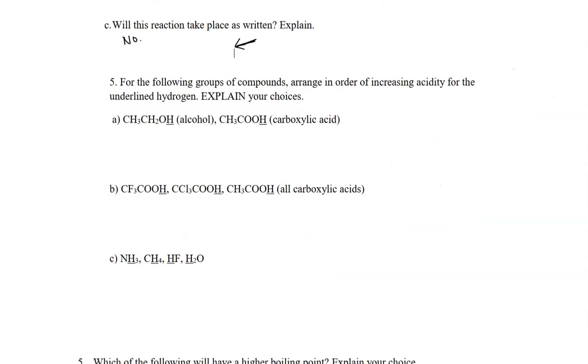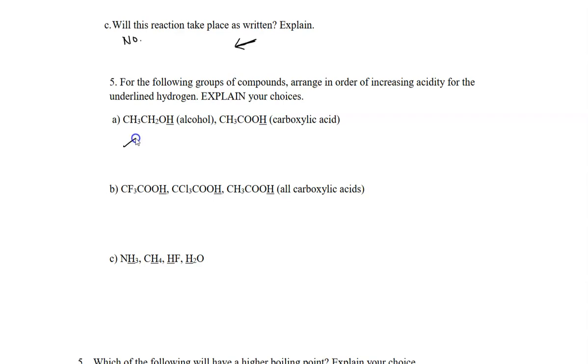Next question. For the following compounds, arrange in the order of increasing acidity for the underlined hydrogen and explain your choices. So we are comparing an alcohol to a carboxylic acid. This is a proton that is acidic in nature. In this case also, this is the proton that is acidic in nature. Again, for the same reasoning, the proton that is connected to the more electronegative element is the most acidic.